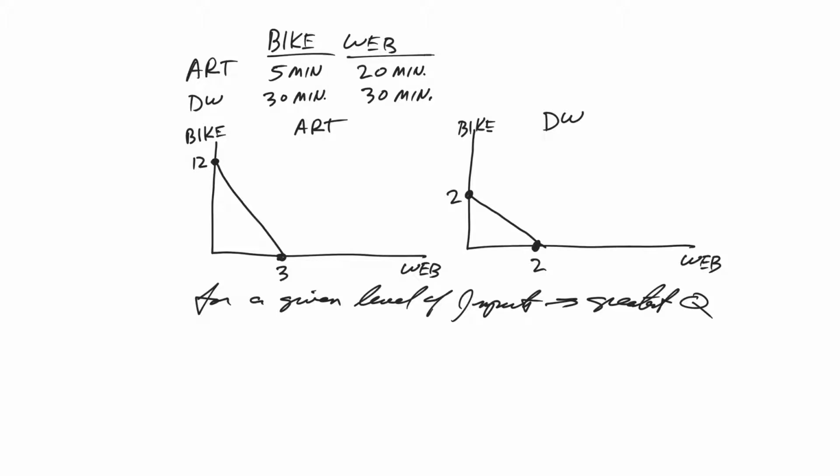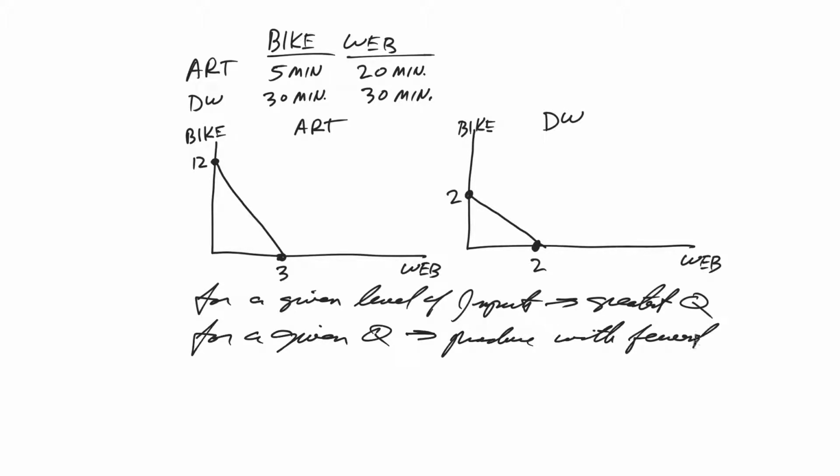Now, another way to look at absolute advantage is for a given level of output, you can produce with the fewest inputs. This is the flip side of the same coin. I hope you can see this intuitively.